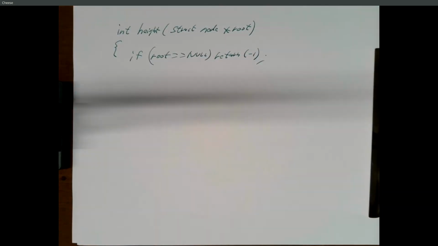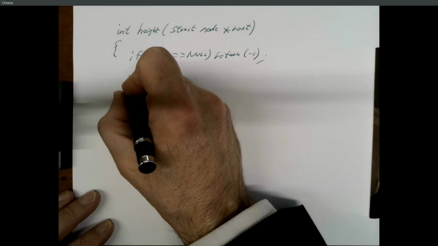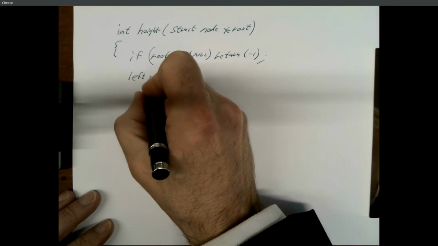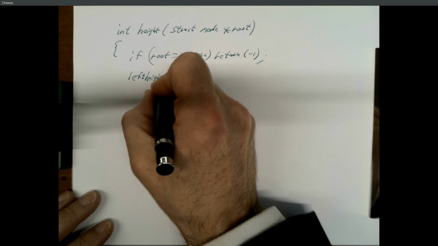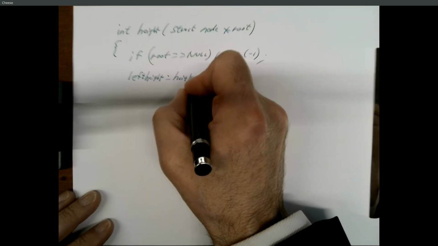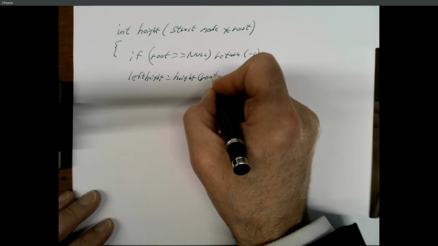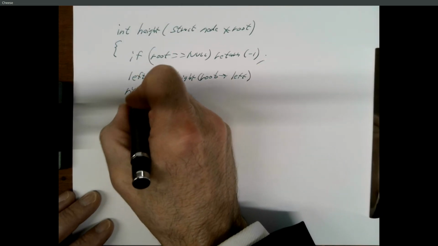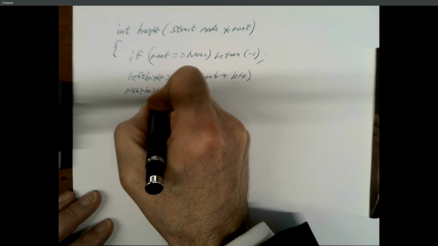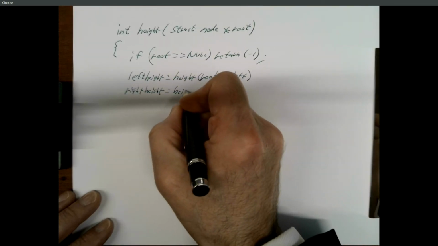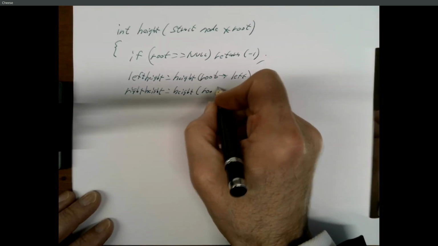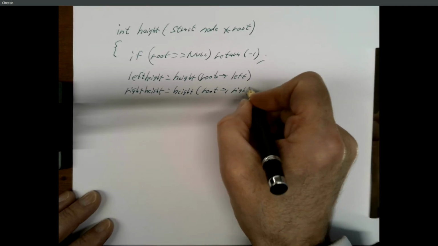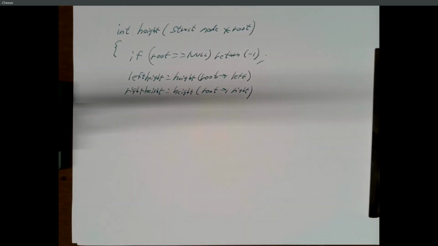Root's null, return -1. That's our base case. Otherwise, recursively call the height function on the left and right subtrees.